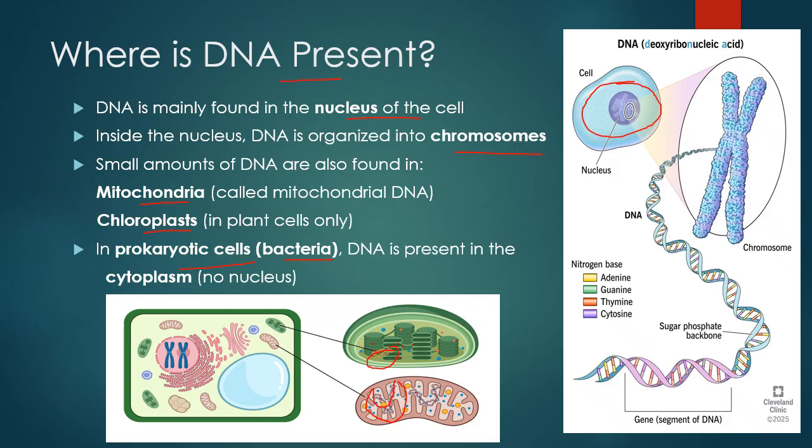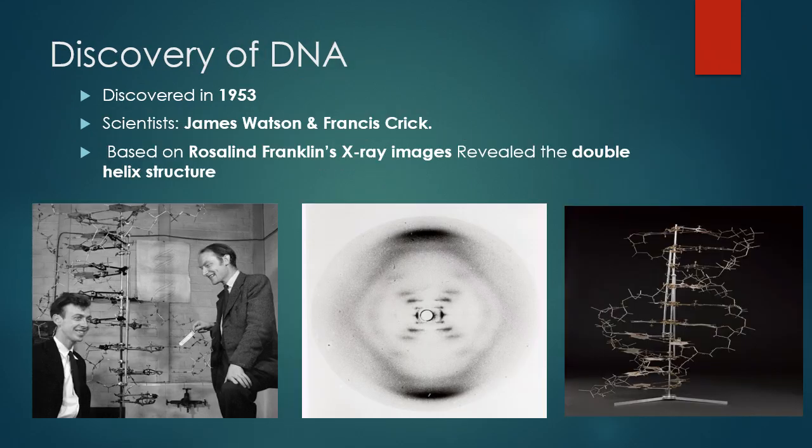Now coming to the discovery of DNA. How does DNA look? What is the shape of DNA? All this was given by James Watson and Francis Crick in the year 1953. It all began with Rosalind Franklin.